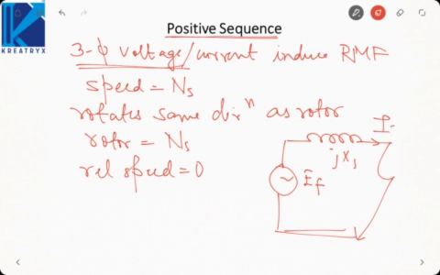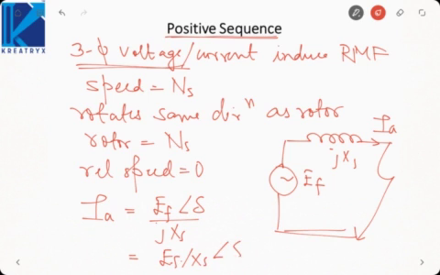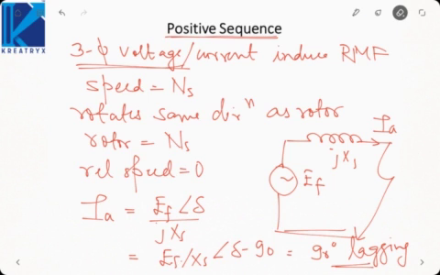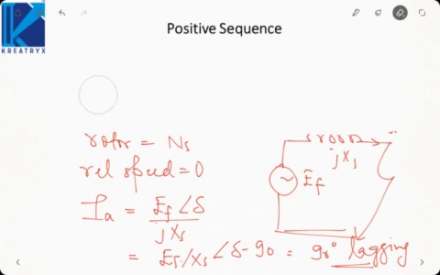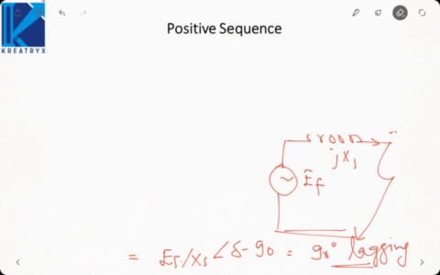Then the current IA will be EF by the j-axis, angle delta minus 90. That is 90 degree lagging, or we can say 0 power factor lagging. Now in a synchronous machine, if the current has a 0 power factor lagging, then what happens to the armature reaction?